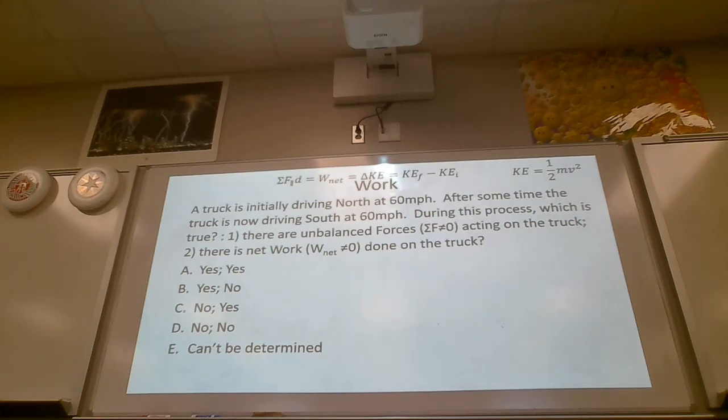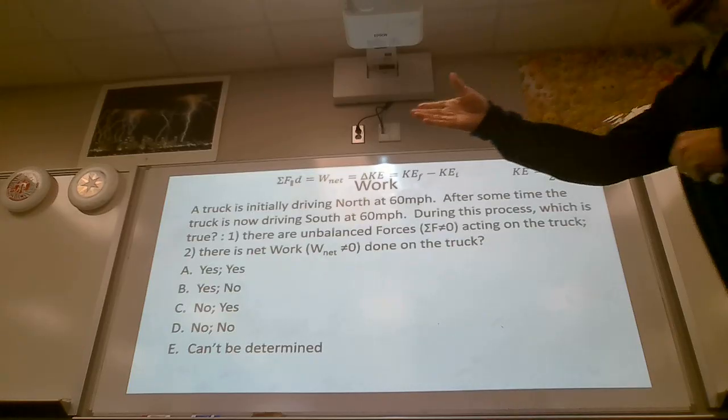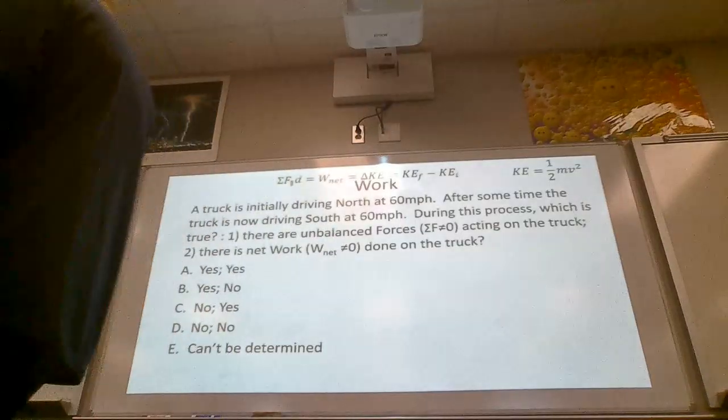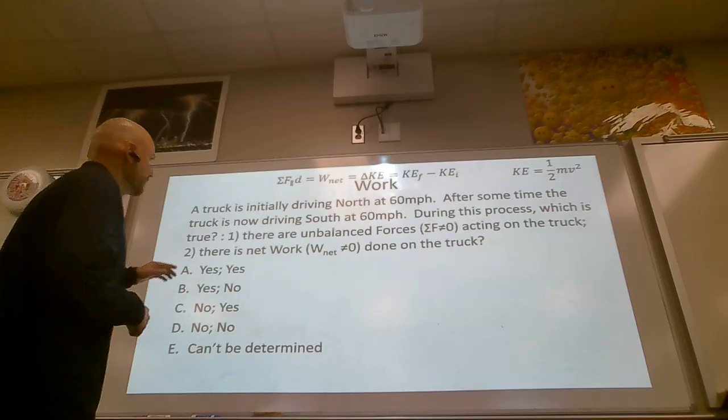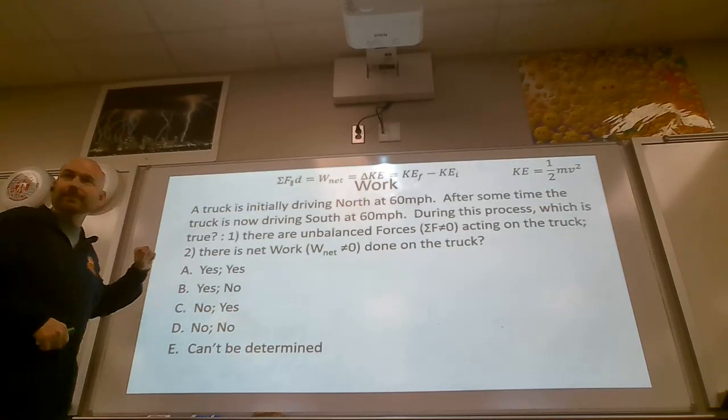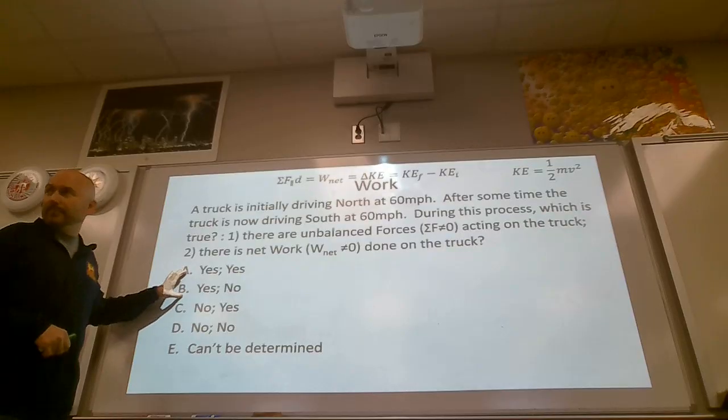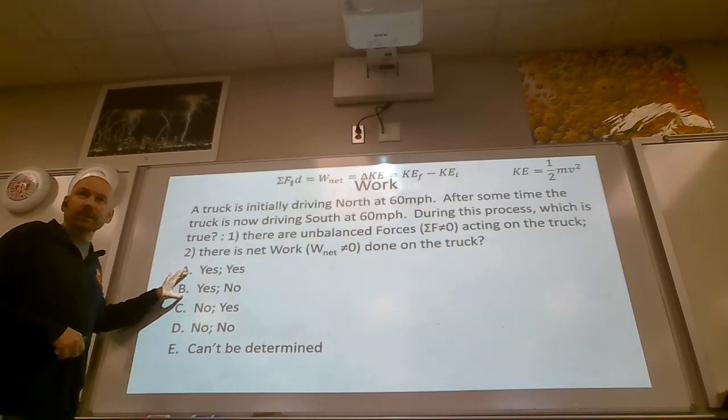We have acceleration. Is inertia doing what it wants to do? It's going this way, and then all of a sudden you're like, go that way. Like, what? I want to keep going this way. Okay, inertia is not happy. There is acceleration. The sum of the forces are not equal to 0. So the correct answer for this first part is yes. Okay, sum of the forces are not equal to 0.